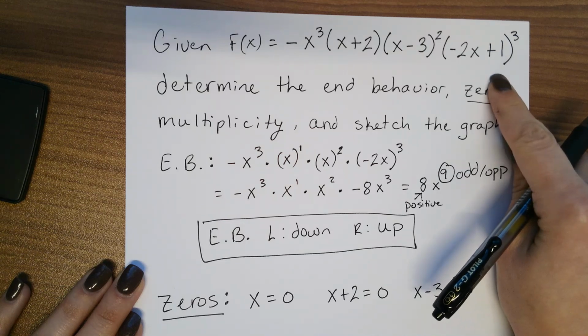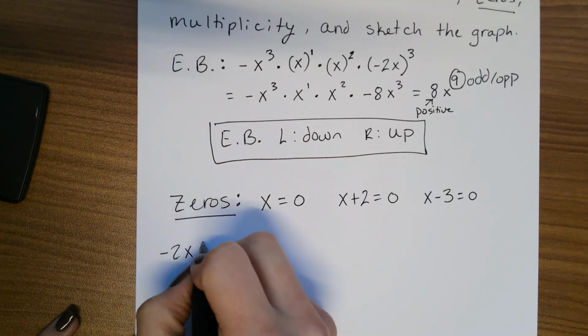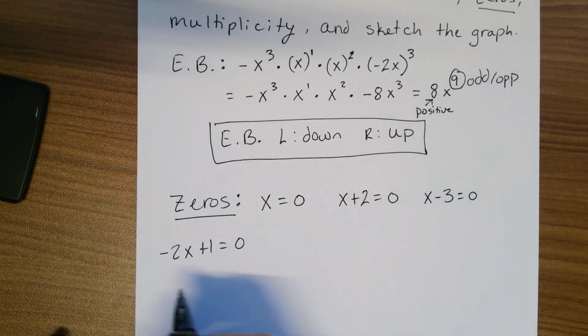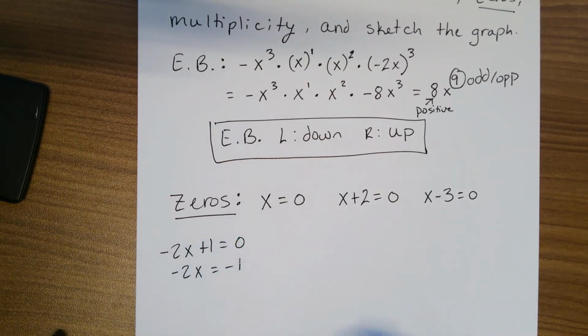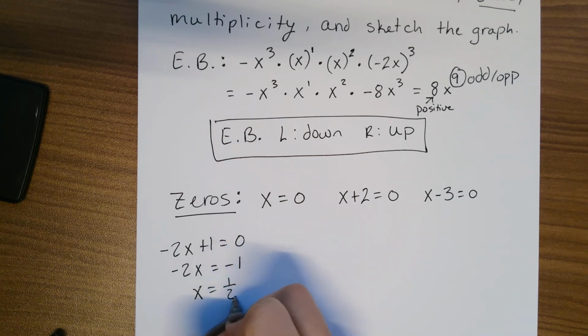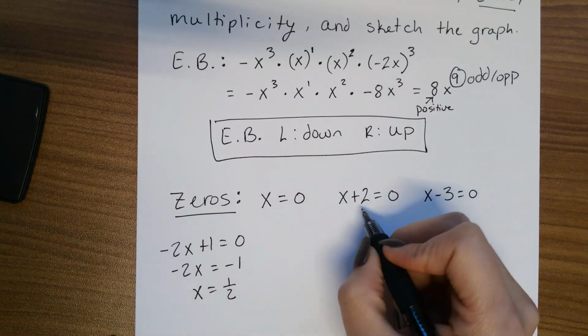And negative 2x plus 1 equals 0. So scooch down here, negative 2x plus 1 equals 0, and I'll solve all of those. Subtract 1 from both sides, I get negative 2x equals negative 1. Divide by negative 2, I get x is equal to a positive half. X equals 0 is already solved, so done with that one.